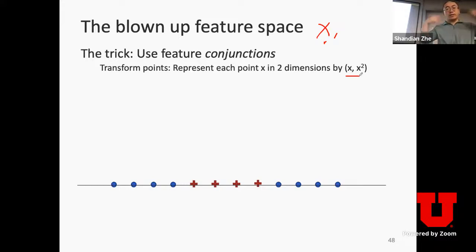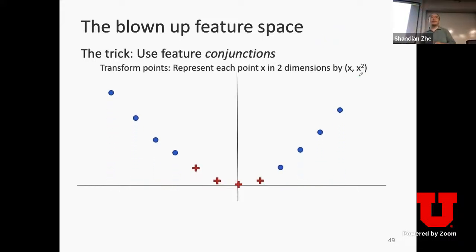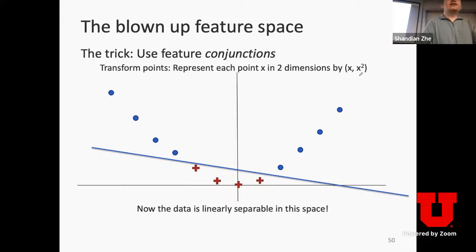So with this new feature transformation, every point is now located in the two-dimensional space, right? Now let us see what will happen in the two-dimensional space. You see that these points become linearly separable.